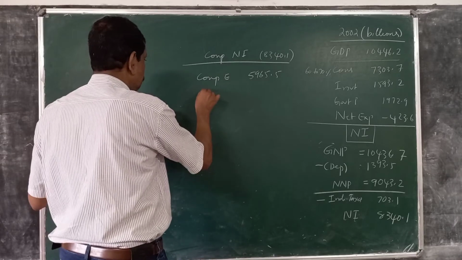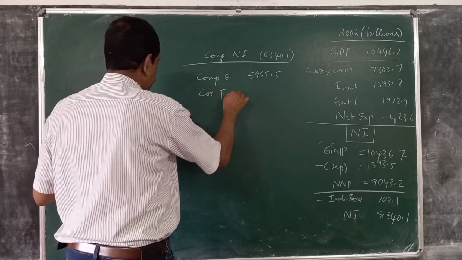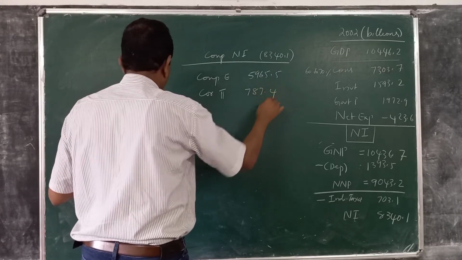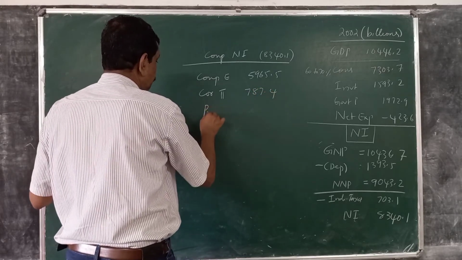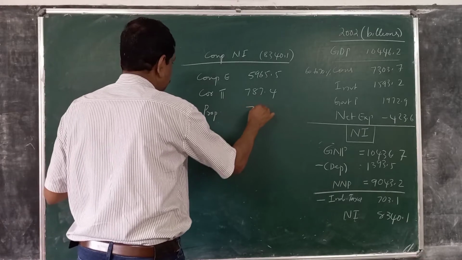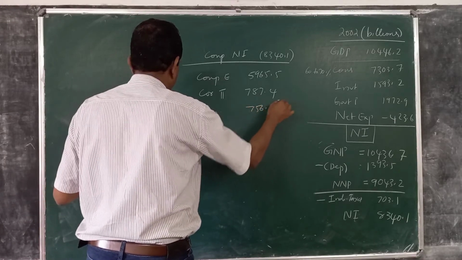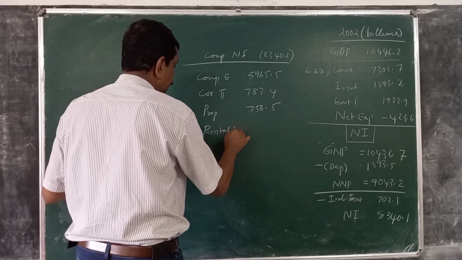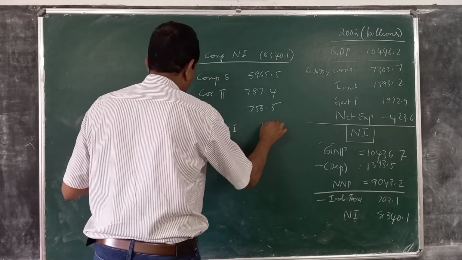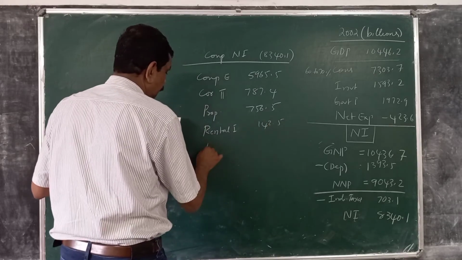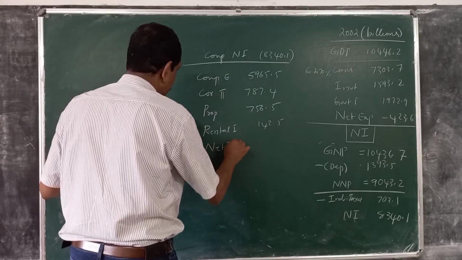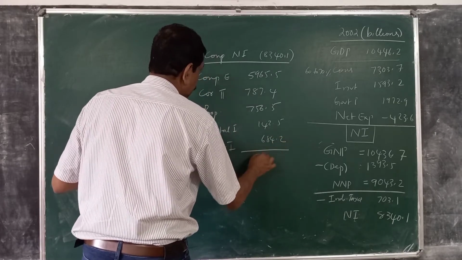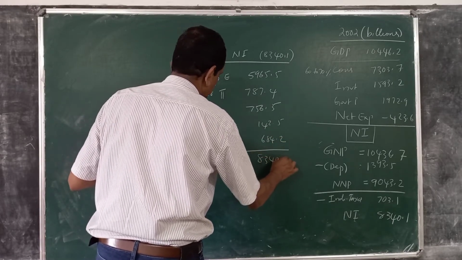Corporate profits 787.4. Proprietors income 756.5. Rental income of persons is 142.5. Net interest is 684.2. That will give you 8340.1.